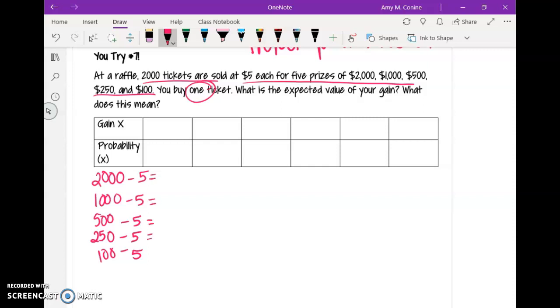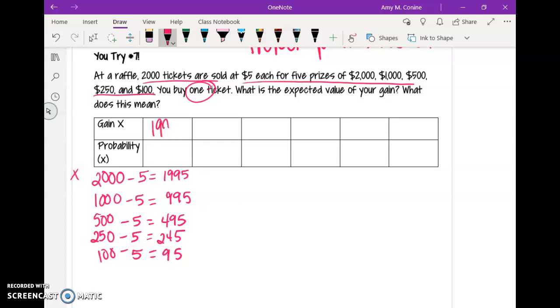So if we buy 1 ticket, we're actually only winning $5 less than the prize. So we spent money to win the money. So we should have $1,995, $995, $495, $245, and $95. So these are the numbers that are going to go in for our gain, so our X.